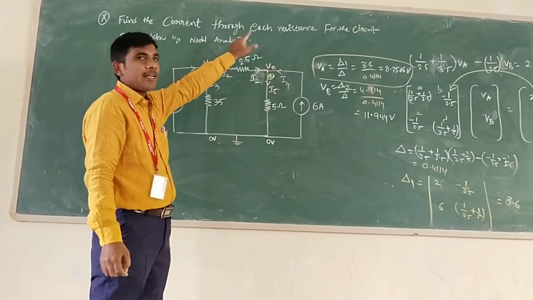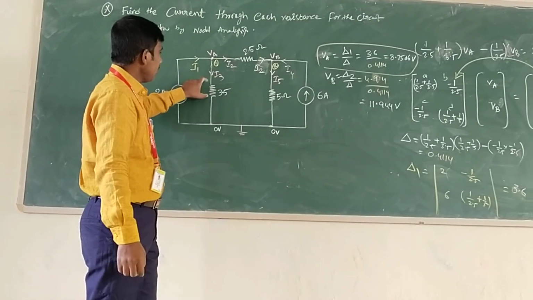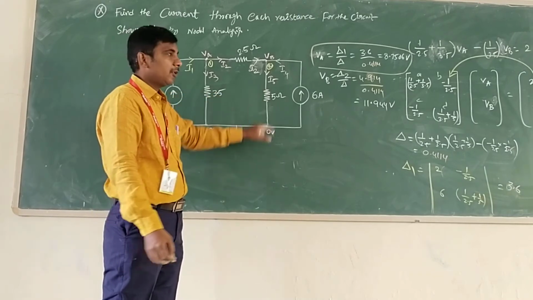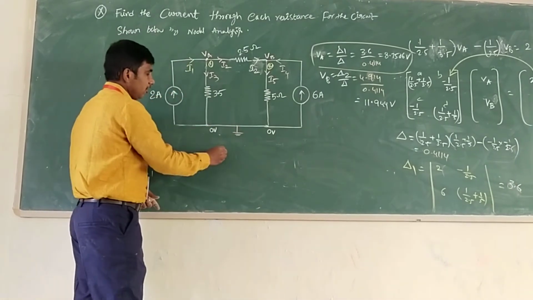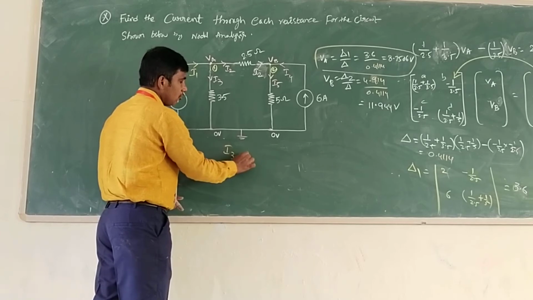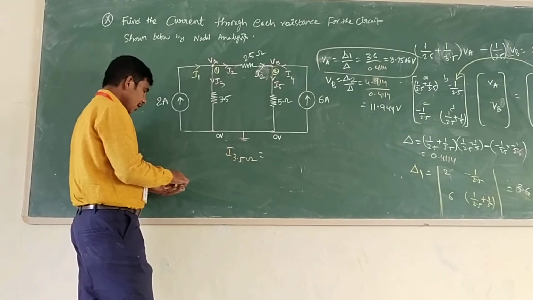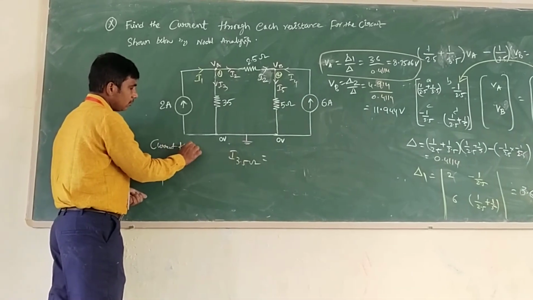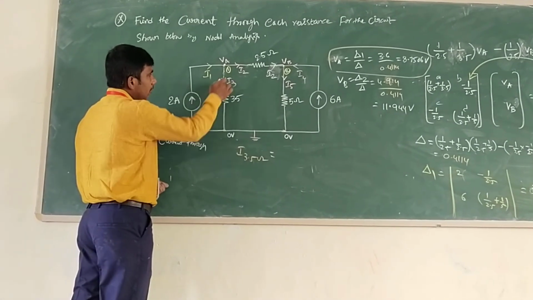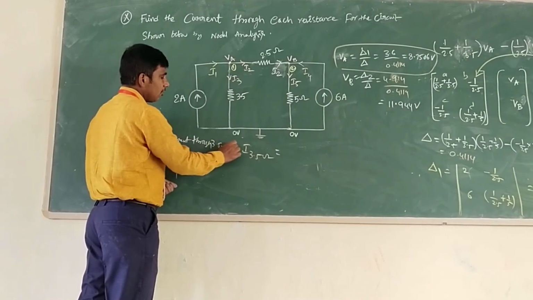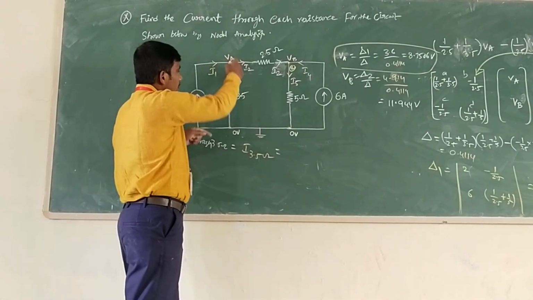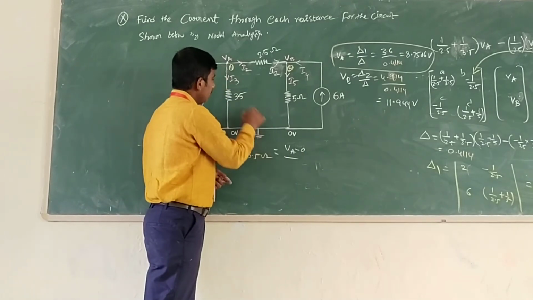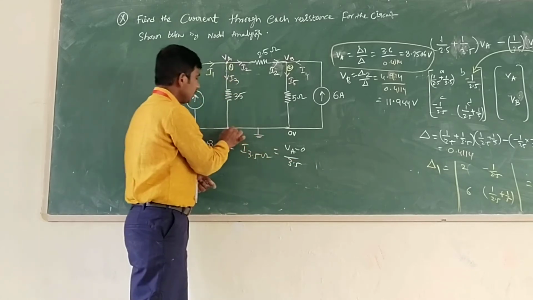Find the current flow in each resistance. Now, first find out current flow 3.5, current flow 2.5, and 5 ohm. Now, current flow 3.5: I 3.5 ohm equal to VA minus 0 by 3.5, because this is 0 potential.